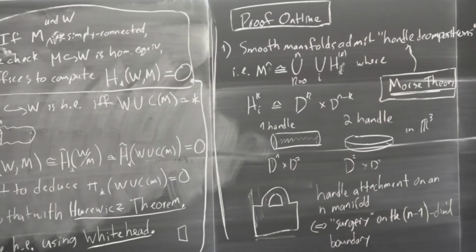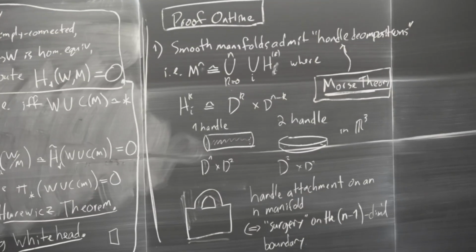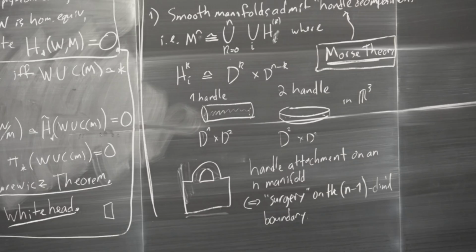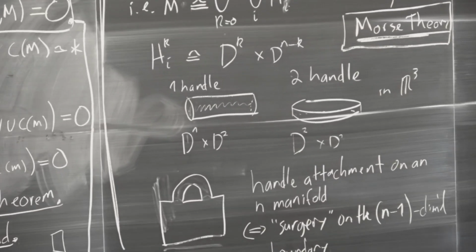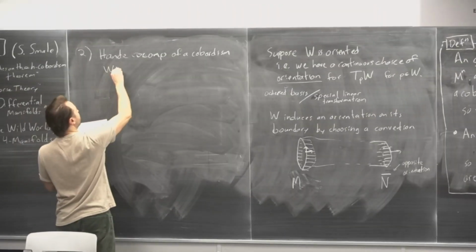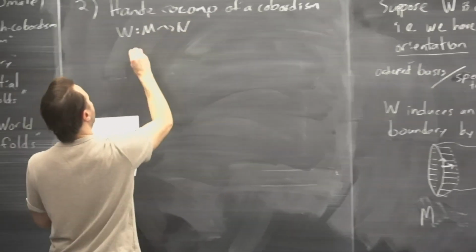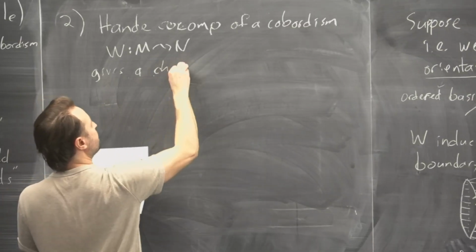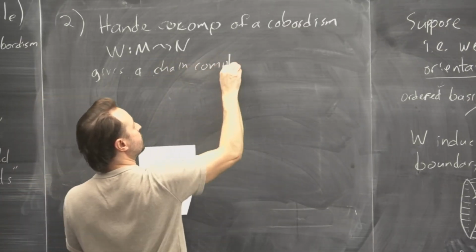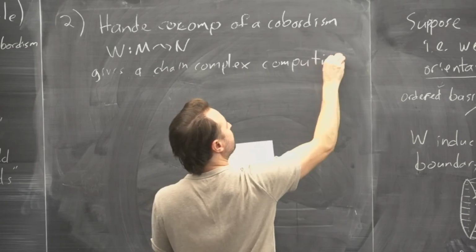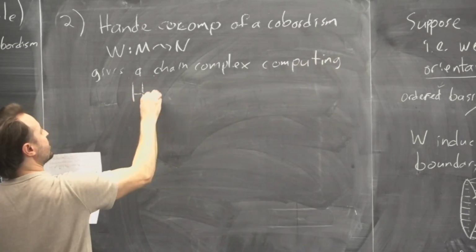So that's the first step, just ensuring that manifolds have handle decompositions. The next insight comes from seeing that a handle decomposition gives a cobordism, or cobordism. For our purposes, those words are going to mean the same thing, so I'm sure I'm going to slip and write cobordism all the time. Because of the cobordism W from M to N, we get a chain complex called the handle complex, and it computes our homology groups.